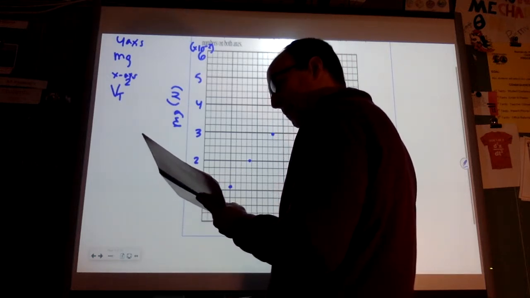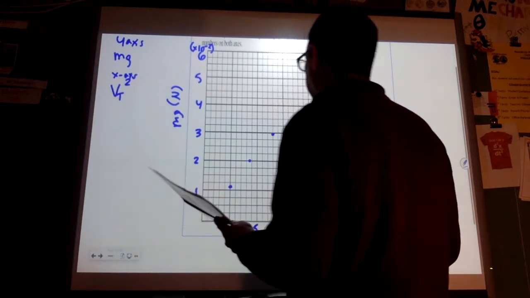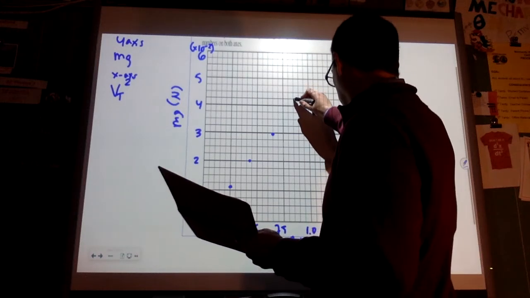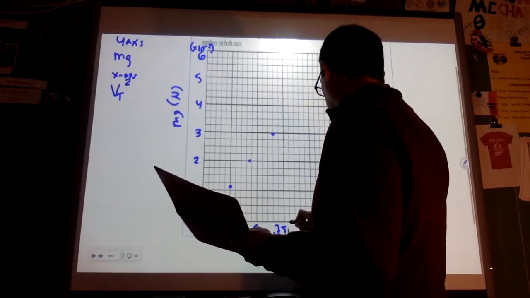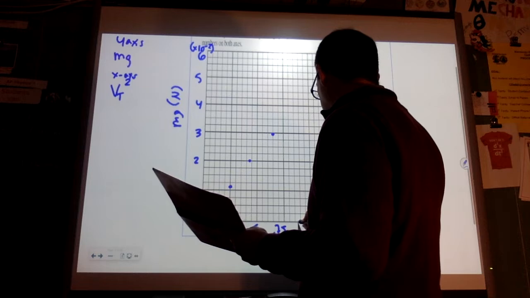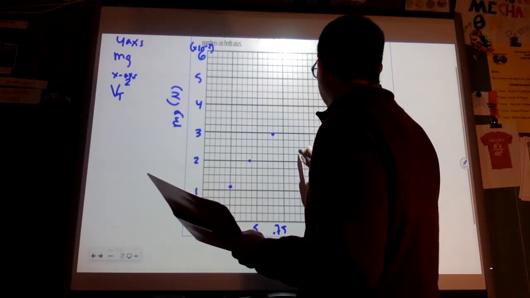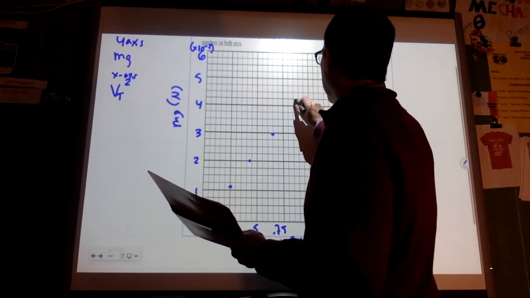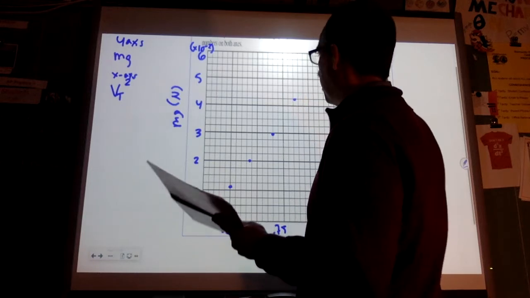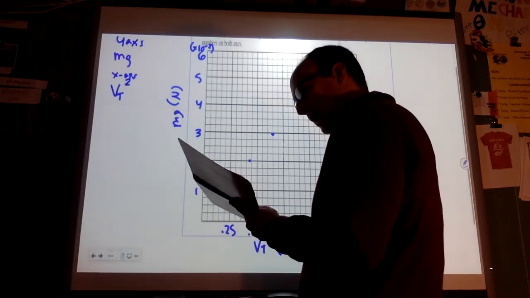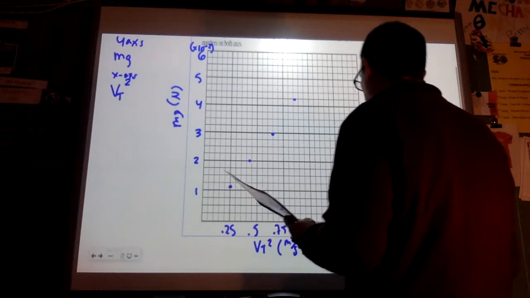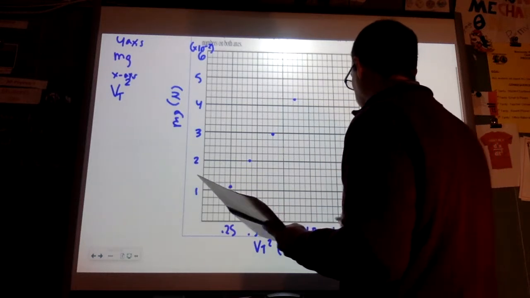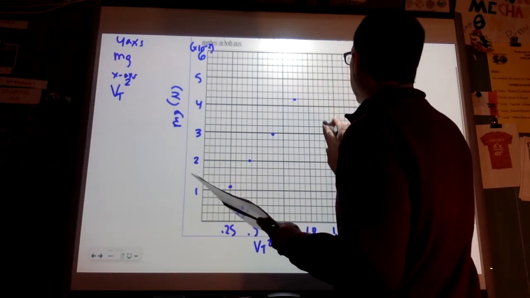And then it is 4.2 and 0.85. 0.875 would be the middle of this whole thing. A little bit flat into that. 4.2 would be that line. And then 5.1 and 1.12. That's right dead in the middle.